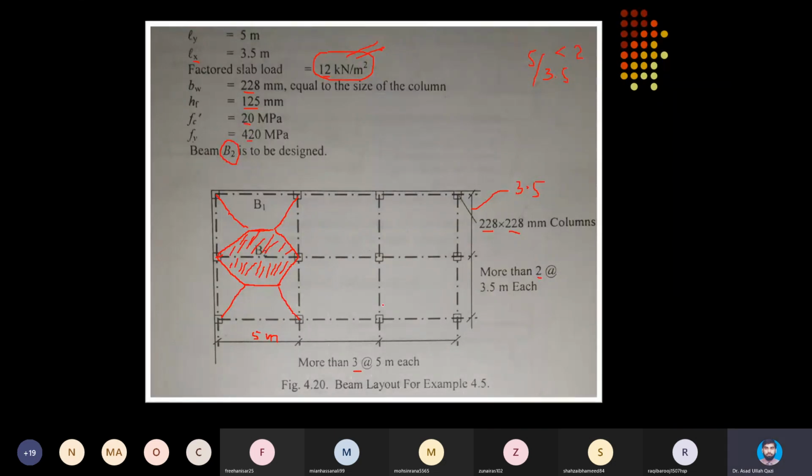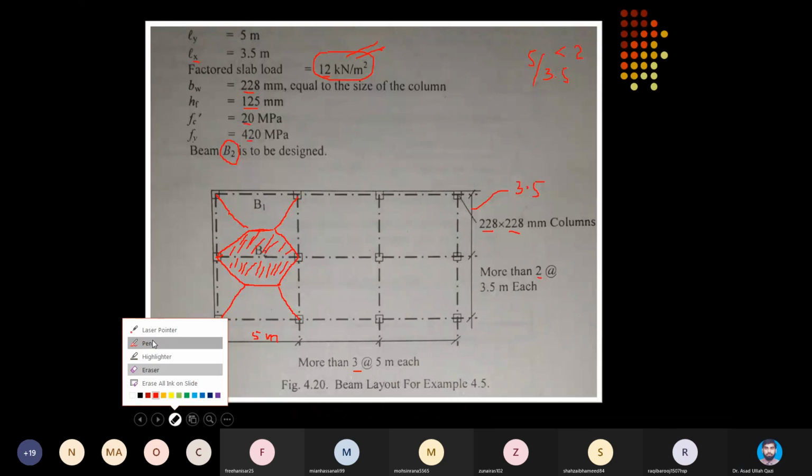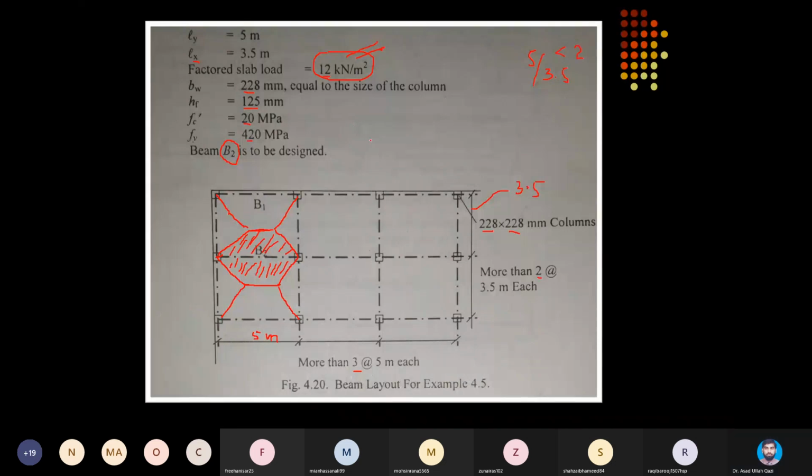We also discussed that to analyze a beam with the load present as trapezoid or triangle will be a little lengthy.